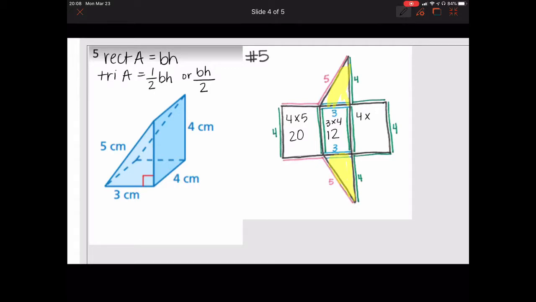And then 4 times 4, which comes out to 16. And then our triangles over here, your base is the 3, your height is the 4. So 3 times 4 is 12. Divide that by 2. So our triangles here are 6.